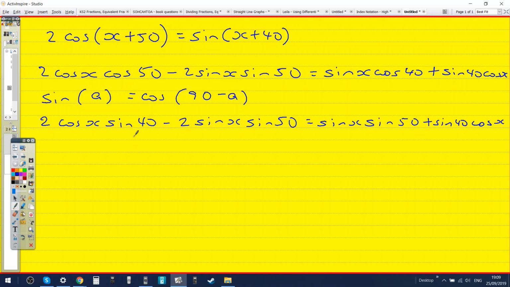Okay, so what would we do next? What we were shown was to equate it to 0. So I got cos x cos 50 minus 3 sin x sin 50 equals 0.